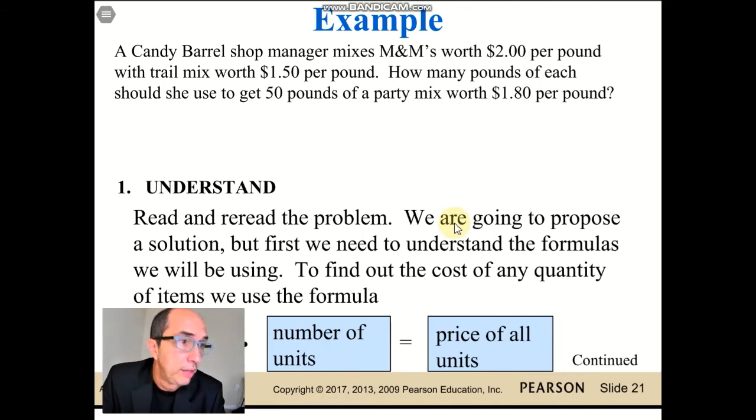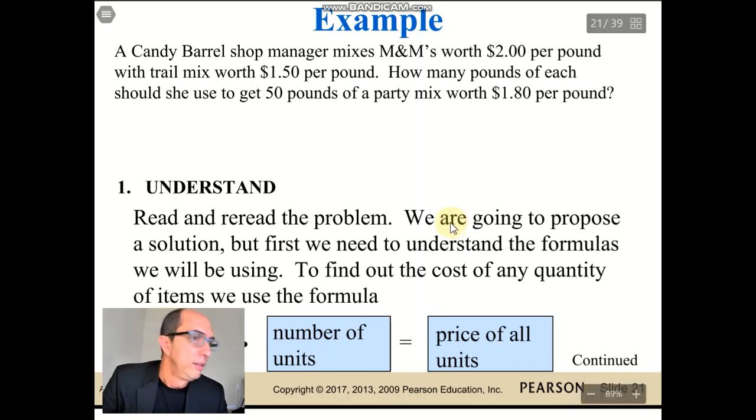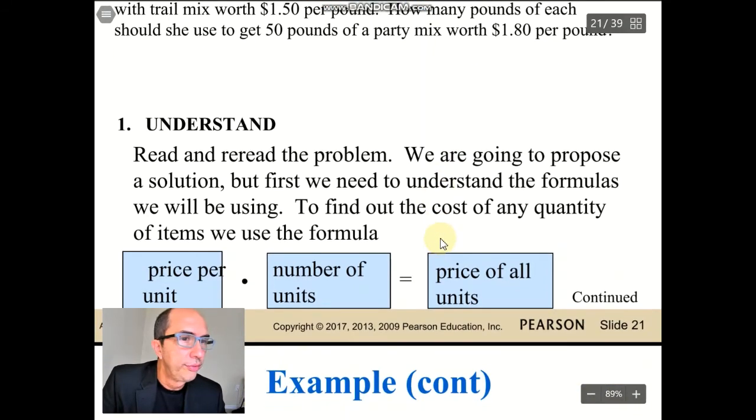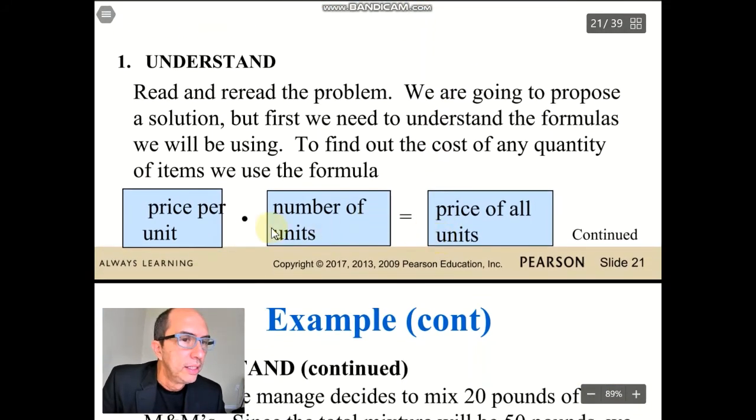Another thing we can do, as you've seen before, is guess a solution. Actually, let's first understand the formula we will be using. The first one is the cost of any quantity of item: the price per unit times the number of units equals the price of all units.